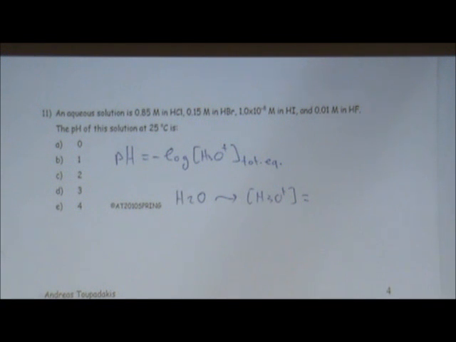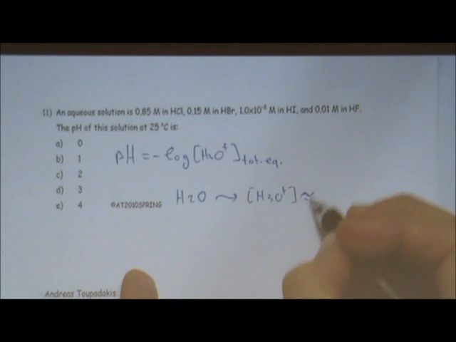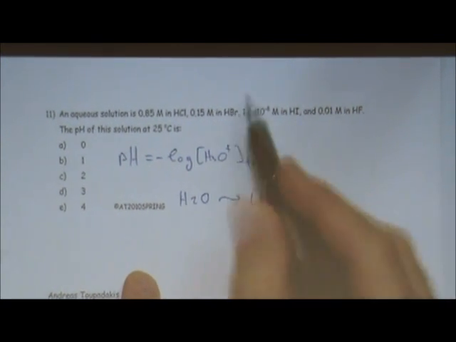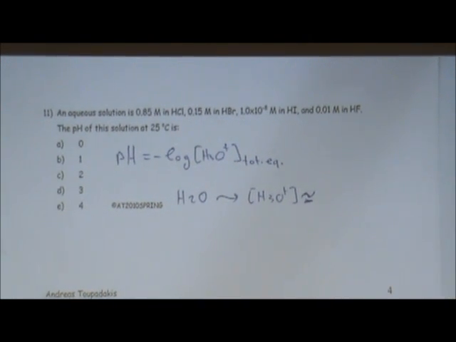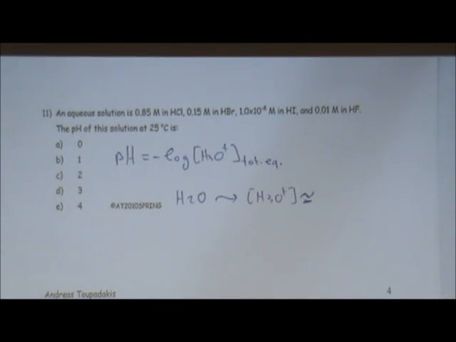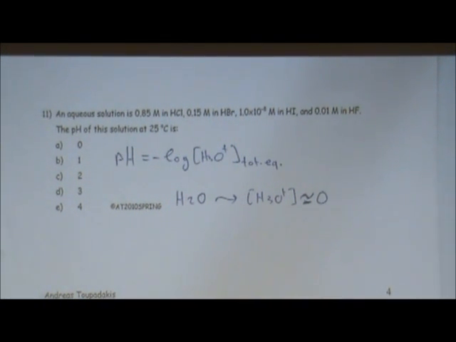It's going to be 0.0000, and so on and so forth. Compared to these concentrations, 0.1 and 0.01, with two significant figures, it can be ignored. It's practically equal to 0.